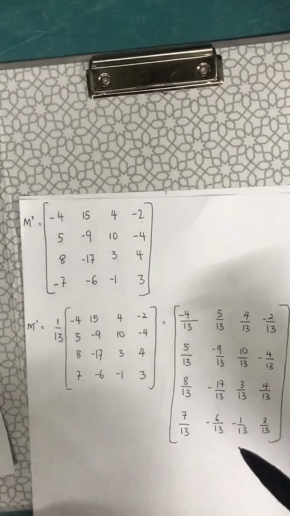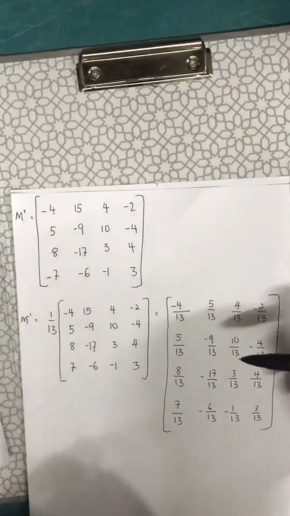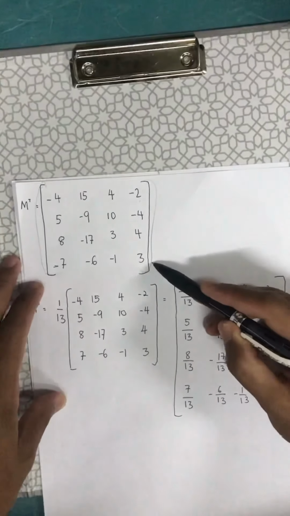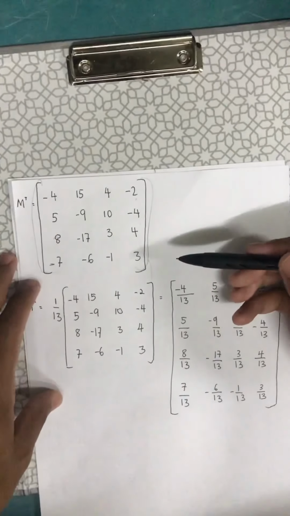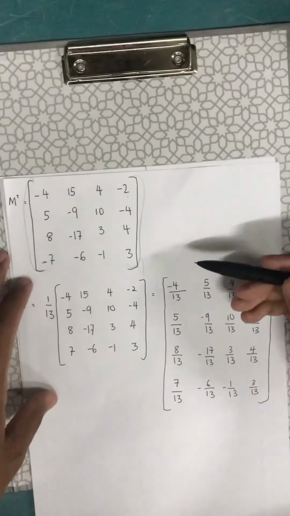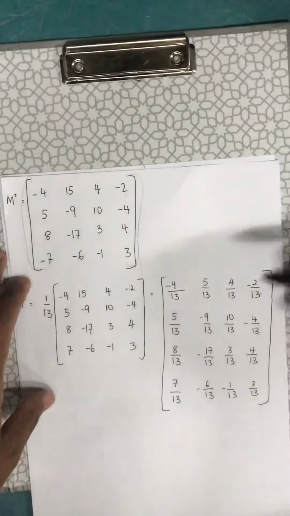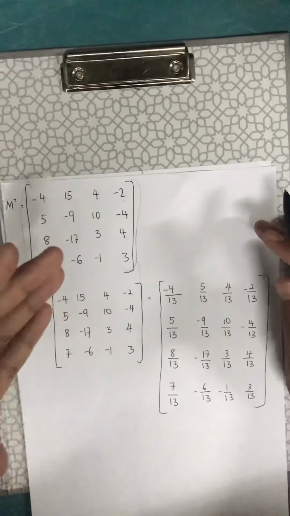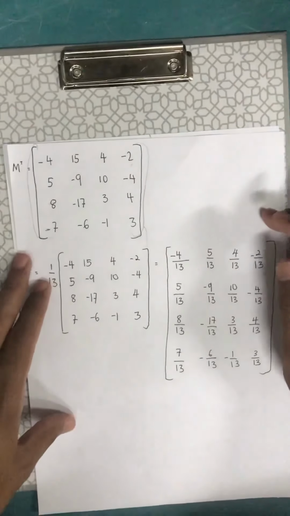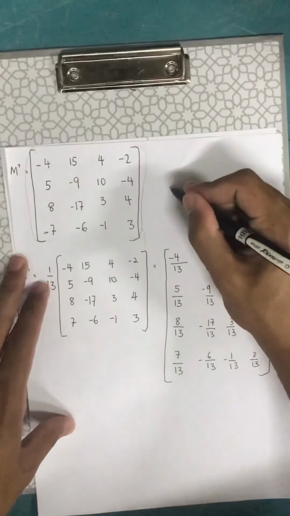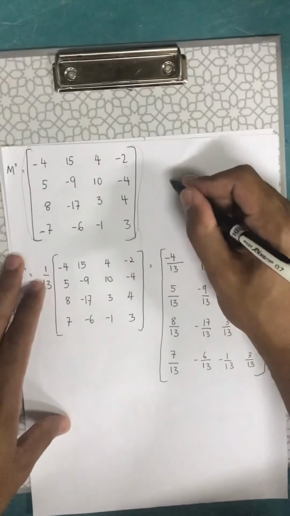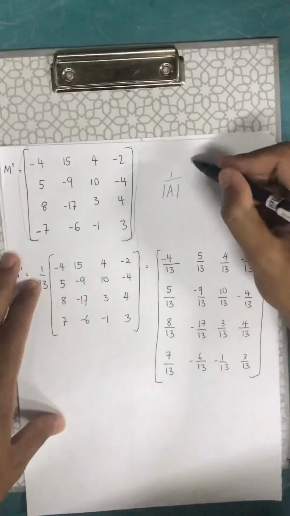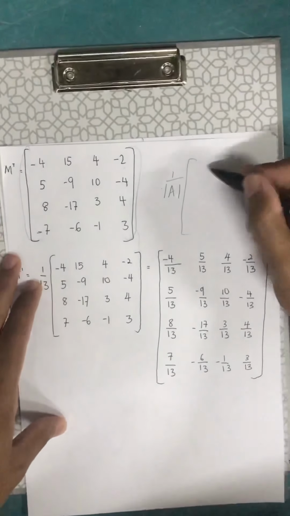Okay, and then after we got the adjoint, we have to inverse it. So to inverse it, we have to use the determinant we got. To inverse the matrix, as you all know, we have to take 1 over the determinant that we got, times with the matrix.